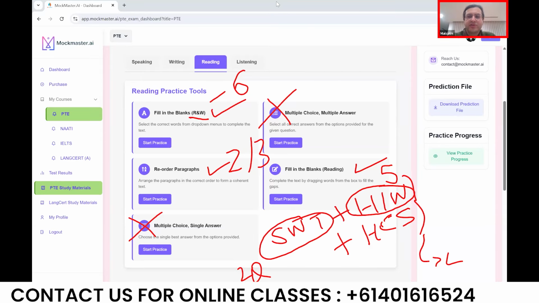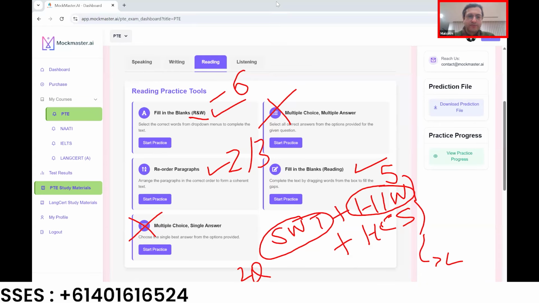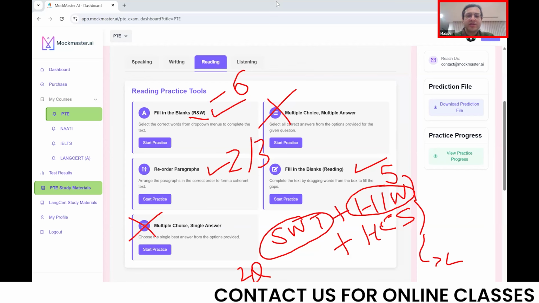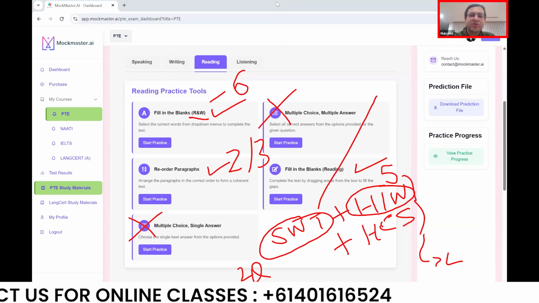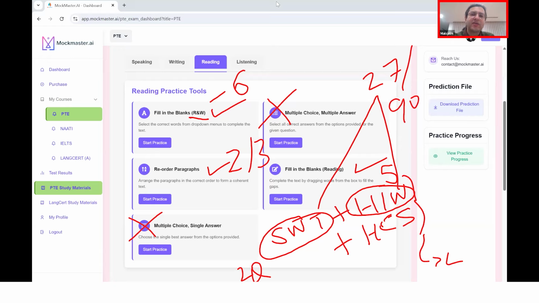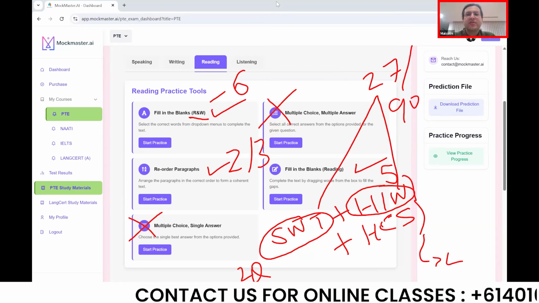You get 3 questions generally. So to compensate our lack of accuracy in the actual reading section, we need to be 100% accurate with summarize written text and highlight incorrect words. So at least these 2 tasks combined will give you about 24 to, I would say, 27 points out of 90, which is a lot of points. So that's why you need to be 100% accurate. There are no chances of errors.